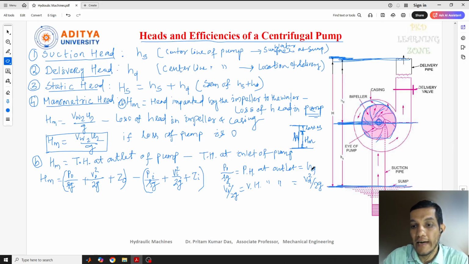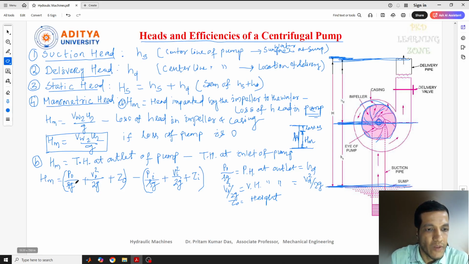So we need to consider a datum line, a reference line from which the distance needs to be measured. So that is Zo, the vertical height at the outlet conditions.